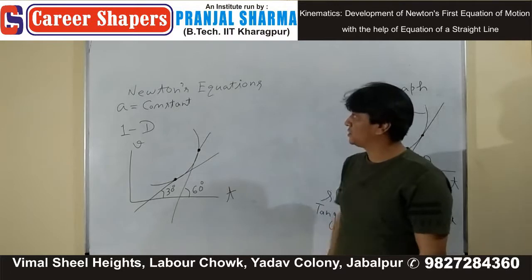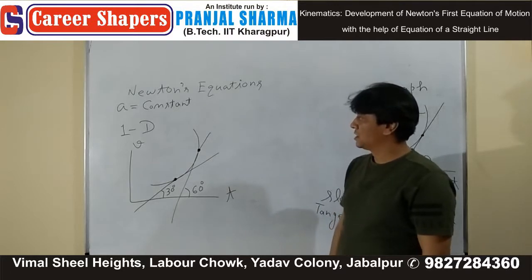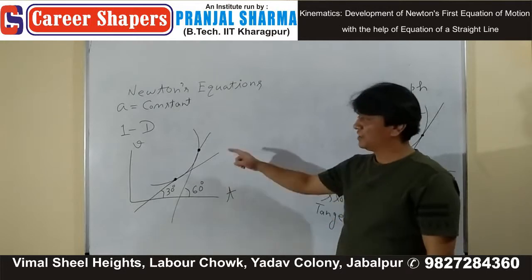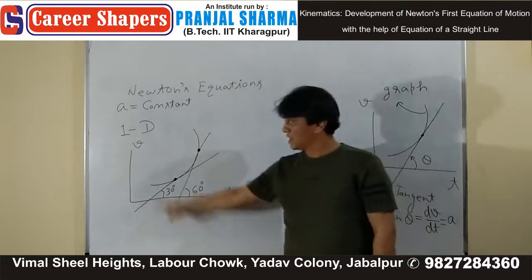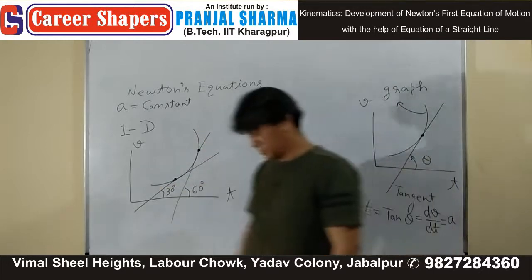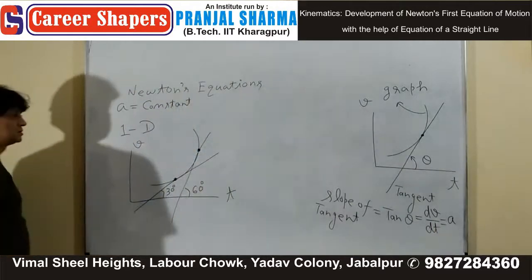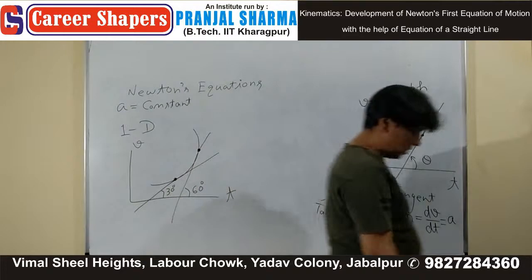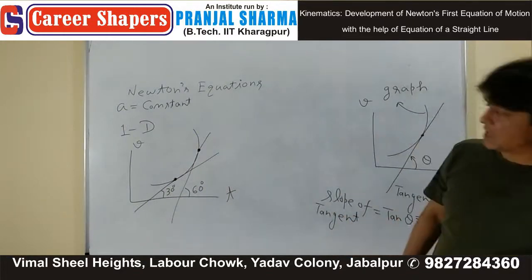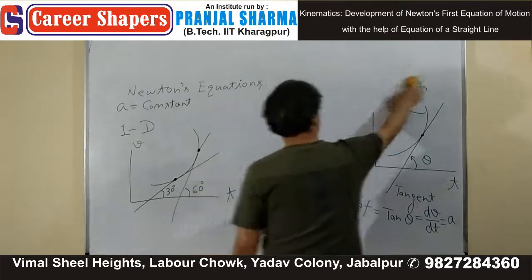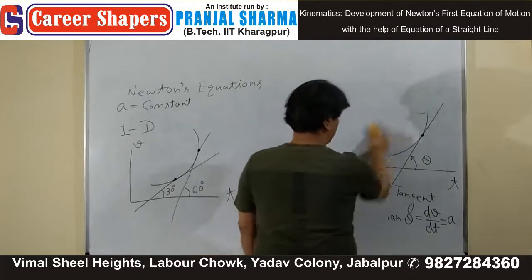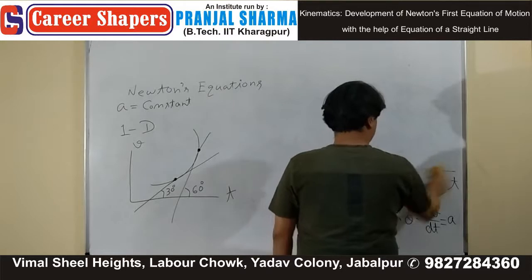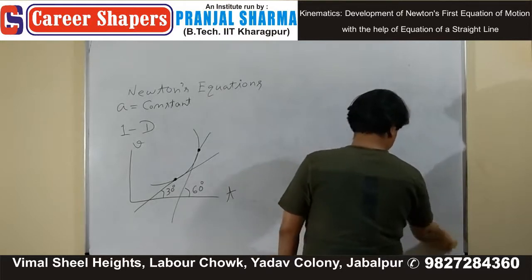Draw the graph and write down the statement. A graph given in the figure is not possible for Newton's equations as slope of tangent is continuously changing.